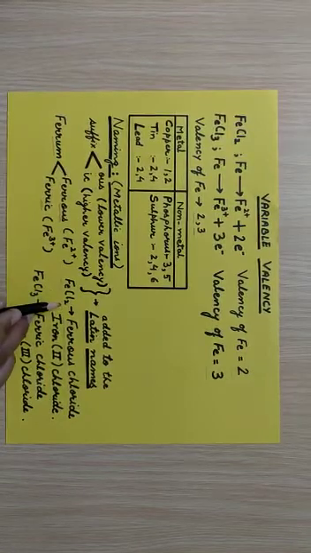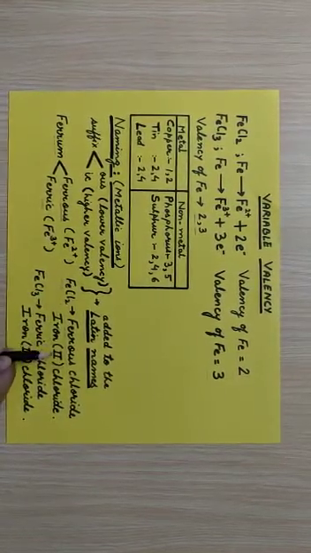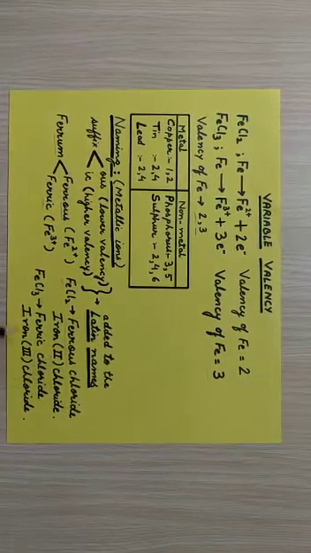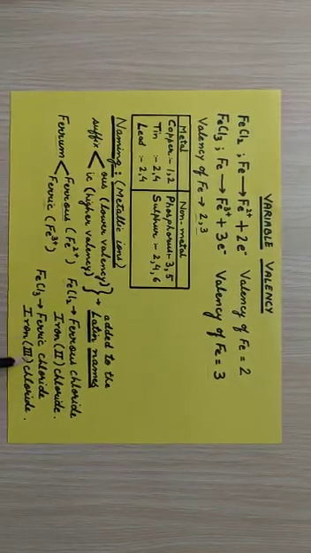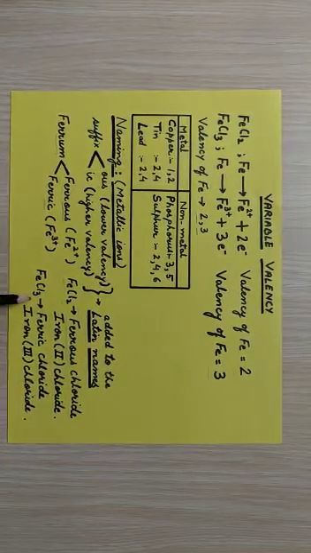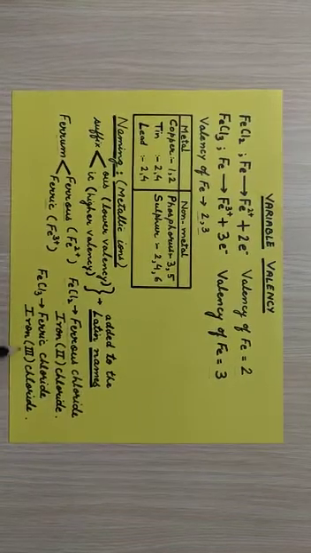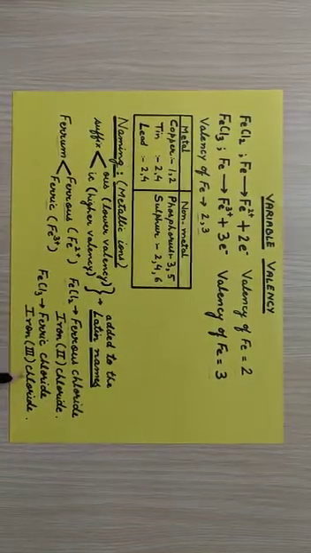In FeCl2 iron is showing a valency of 2, so we will write iron in brackets 2 in Roman numbers and chloride. We are not adding any suffixes to the names. Similarly, in FeCl3 iron shows a valency of 3, so we will write it as iron(III) chloride.